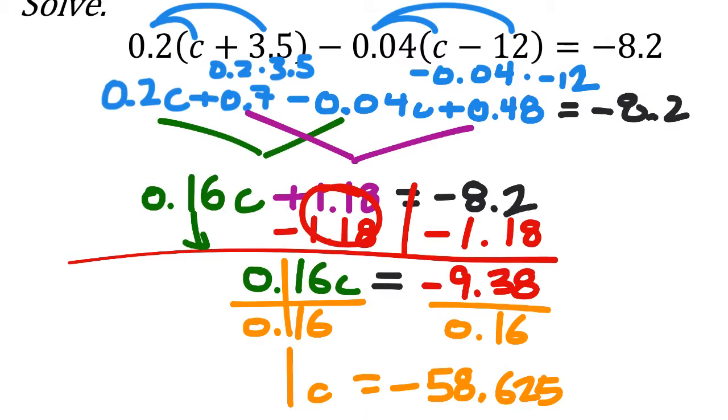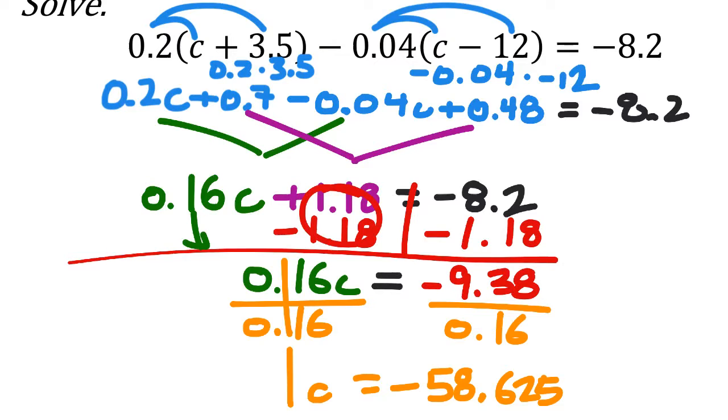I'm going to close the parentheses. Then it shows minus 0.04. Then open a parentheses. Again, we got the C, but right now I have it stored in the calculator as X. So I push X minus 12. There's my 12. Close parentheses. Now that's the full left side of the equal sign.